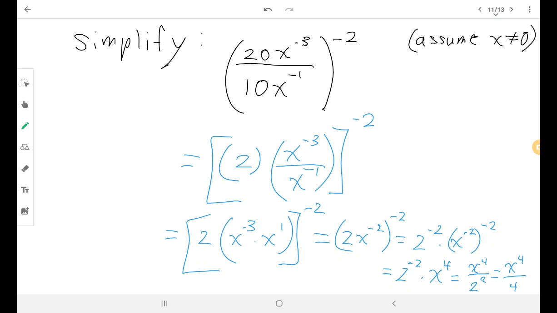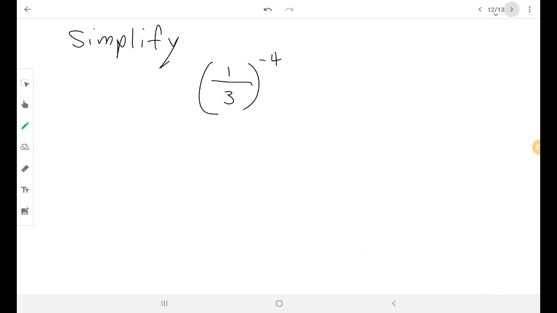Okay. There being no questions, let's move on. We're almost done here. Let's talk about simplifying this. What I've got here is this fraction, which I can't do anything with this time, and I've got this negative in the exponent. The negative tells me use the reciprocal.